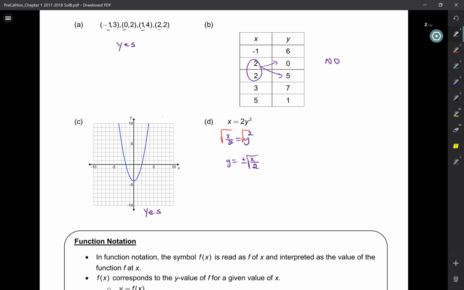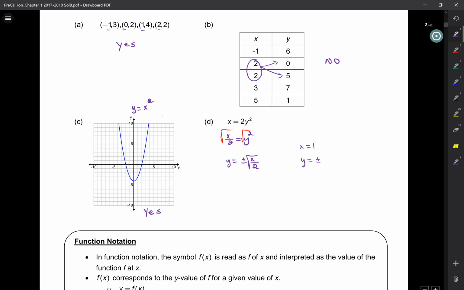Well, this, okay, so C is y equals x squared. This is x equals y squared. All right? So what is the meaning of a function? No x value can have more than one y value. So it's plus or minus. So suppose x equals 1, then what's y?